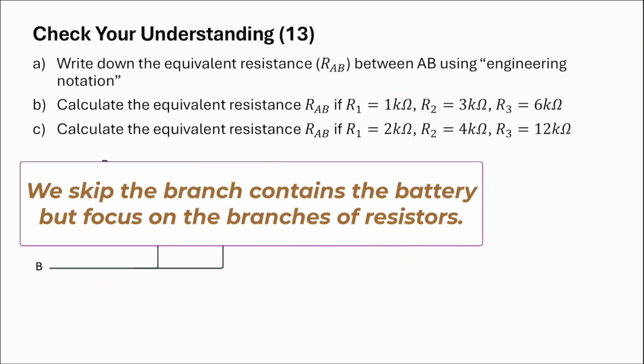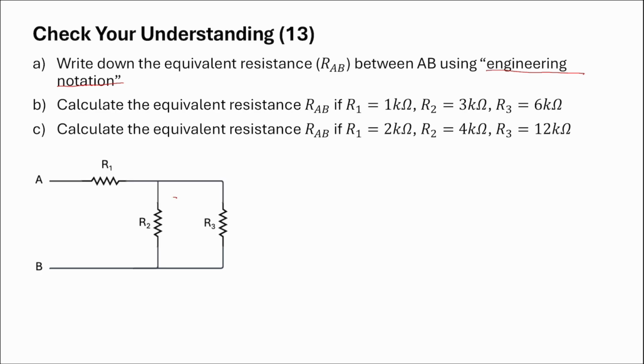In this example, it asks you to write down the equivalent resistance between A and B using engineering notation. This is important. I want you to think about R2 and R3: they are connected in parallel. In engineering notation, this is R2 parallel to R3.